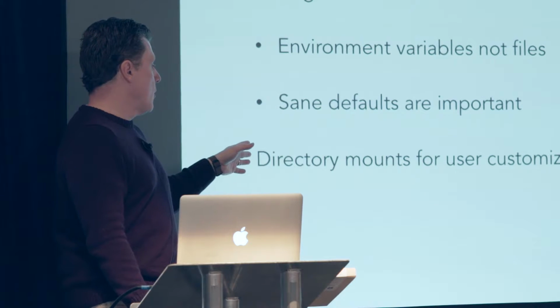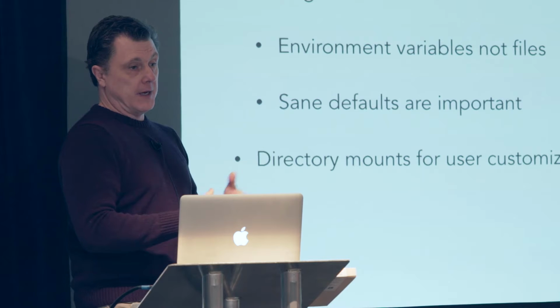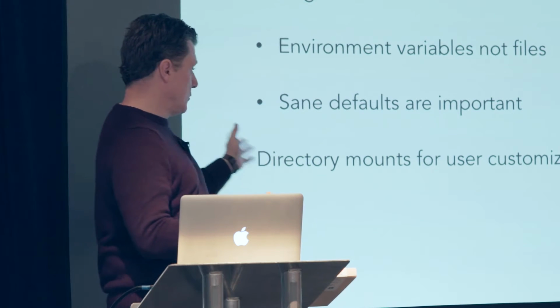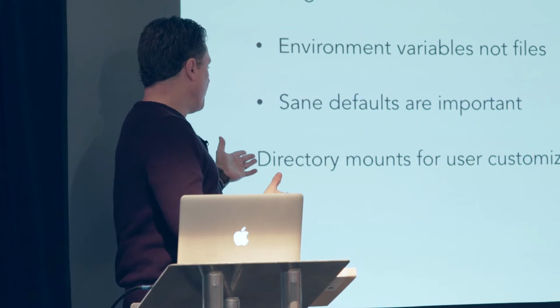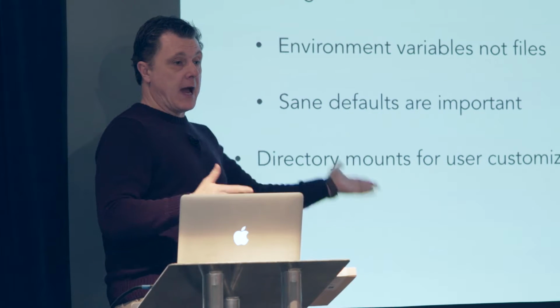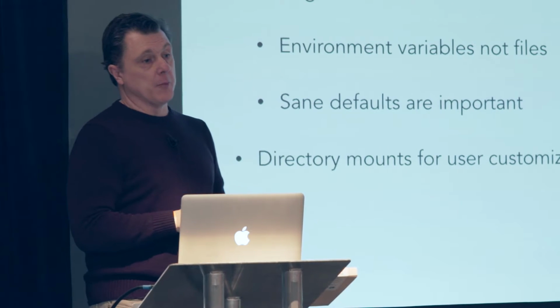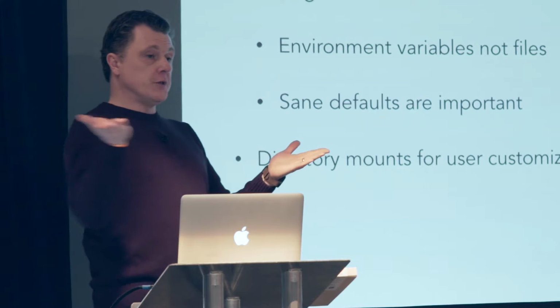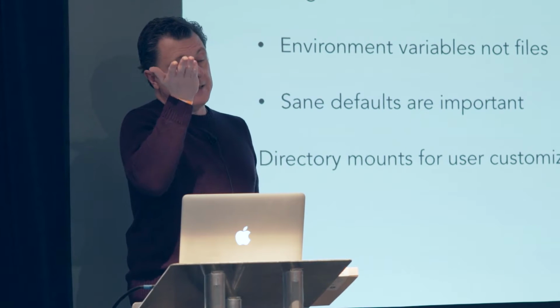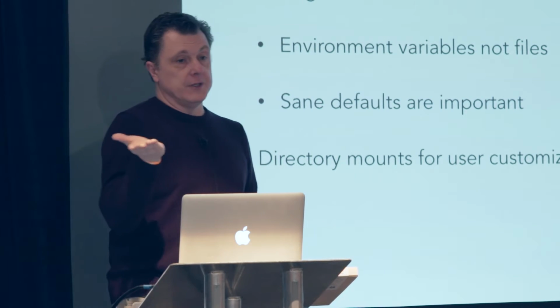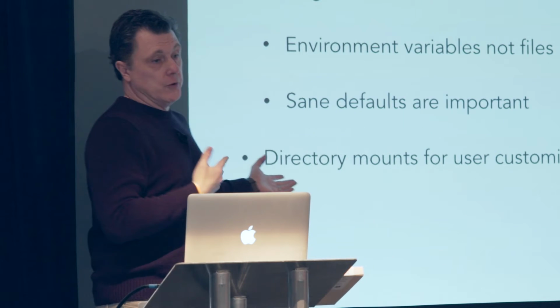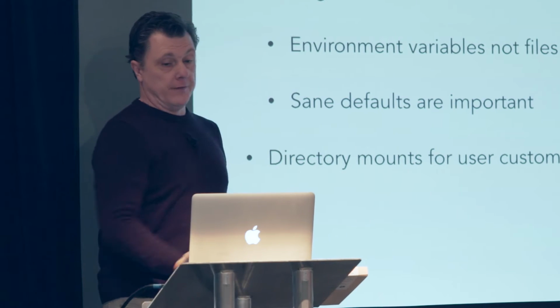So we expose the path to the audit logs as an environment variable, and we allow the user to specify something different. And we also give them an easy way to say, hey, I want to mount this directory when I start up your product. That way, they can mount a host directory into the container, and that data will persist across container restarts. So they'd never lose that data, but they're fully in control of it too.